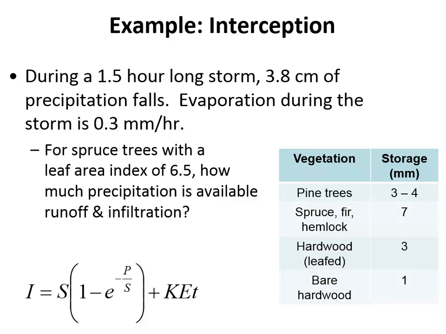The term K times E times T is taking into account the leaf area index of 6.5 for the vegetation and the evaporation amount off of that leaf area. So in total there's 28.11 millimeters of the original 38 millimeters. 28.11 of that precipitation is available for runoff and infiltration.